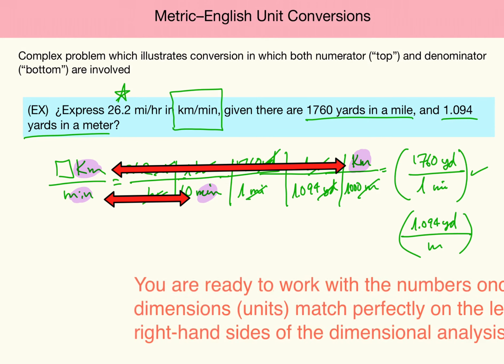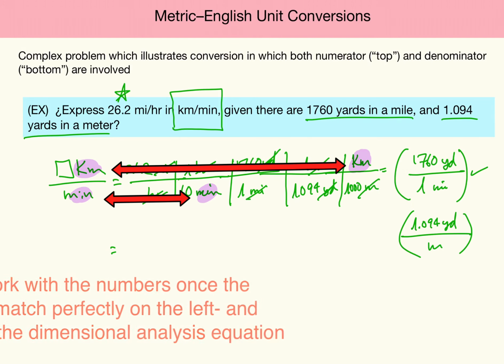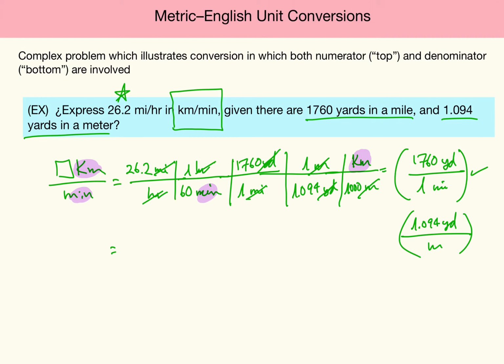And so now it's a simple matter of punching out the numbers on my calculator, and writing the answer. So what would we have? 26.2 divided by 60 times 1760 divided by 1.094 divided by 1000. So remember, any number that's in the bottom, you precede it with a divide by sign.